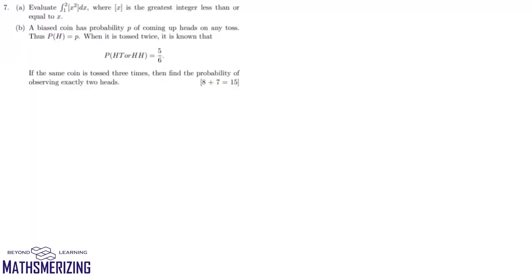Now this part B: a biased coin has probability P of coming up heads on any toss. So we have taken P(H) as P. When it is tossed twice, it is known that probability of heads tails or heads heads is 5 by 6. Now we can write this probability as P(HT) plus P(HH), and this is 5 by 6.